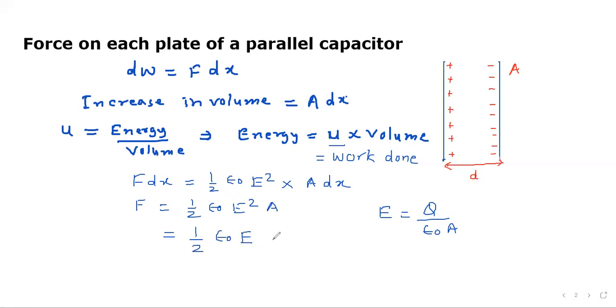We retain one E and replace another E by Q upon epsilon naught A. So from here, epsilon naught and A will cancel out and we will get force equal to 1 by 2 Q times E, where Q is the charge and E is the electric field.